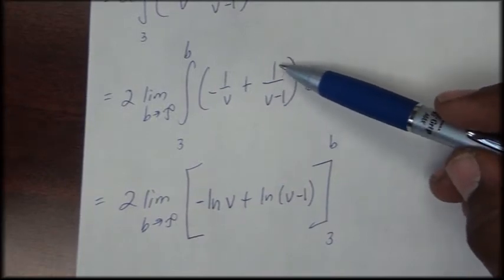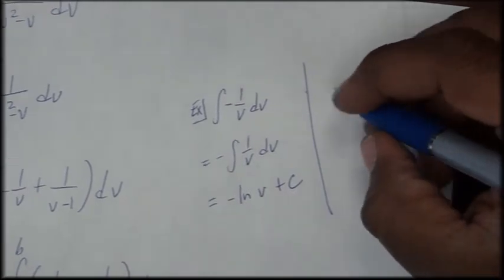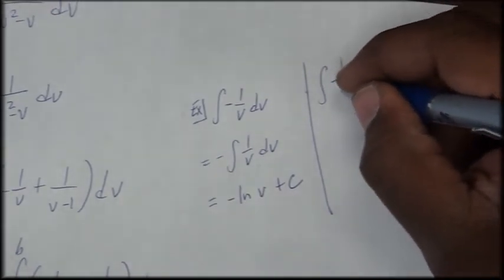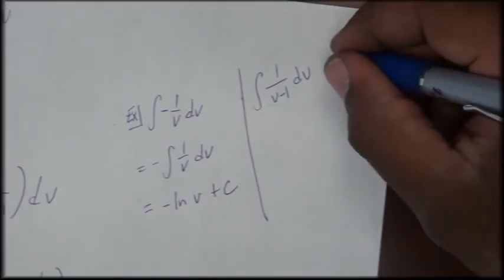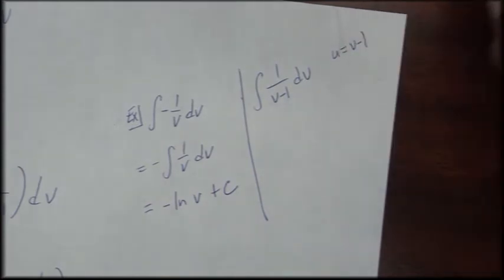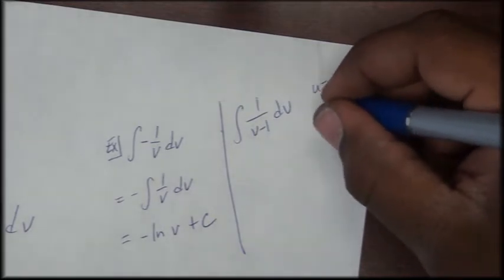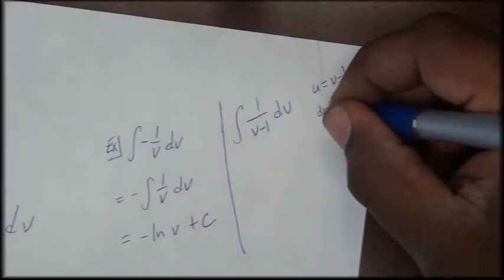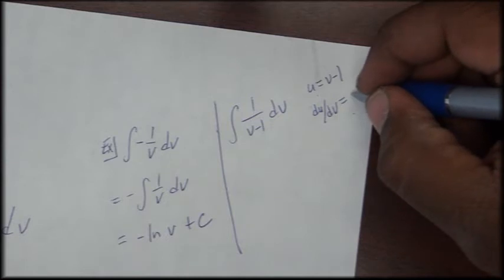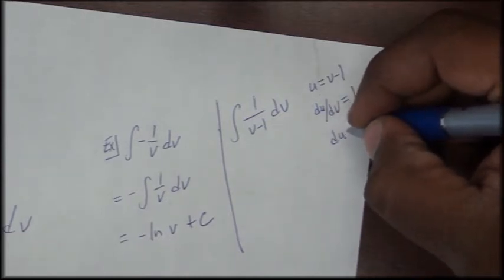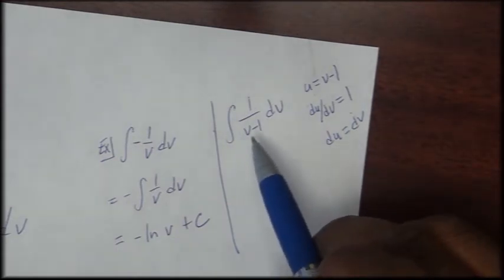I'll also integrate 1 over v minus 1 here to see how that result is given. For the integral of 1 over v minus 1 dv, I'm going to use a u substitution. I'm going to let u equal v minus 1. Taking the derivative with respect to v for both sides, du by dv, and the derivative of the right hand side is 1. Therefore, du is equal to dv. Now I can write this in terms of u and du.